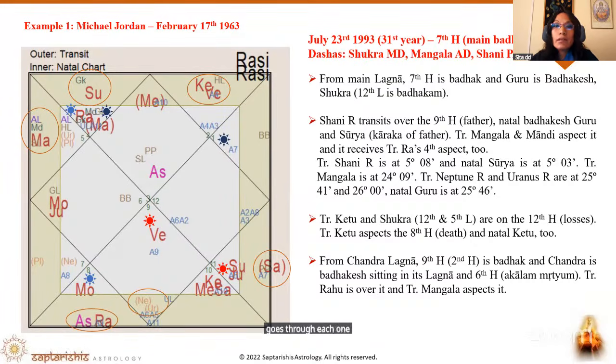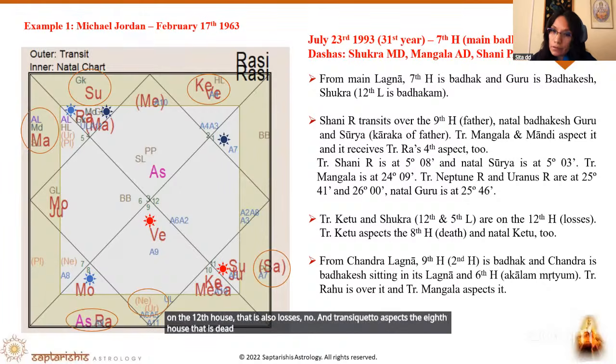Then we see that transit Ketu and Venus are in the 12th house, which is also losses. And transit Ketu aspects the 8th house, which is death, and it's also 12th from the 9th house.